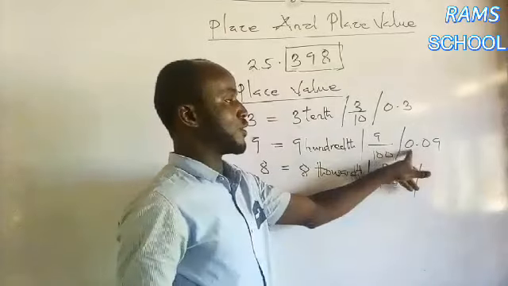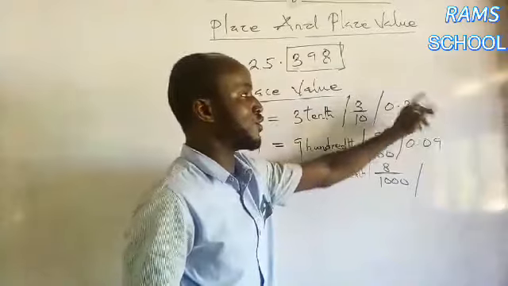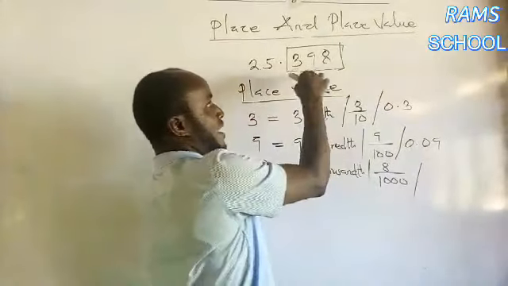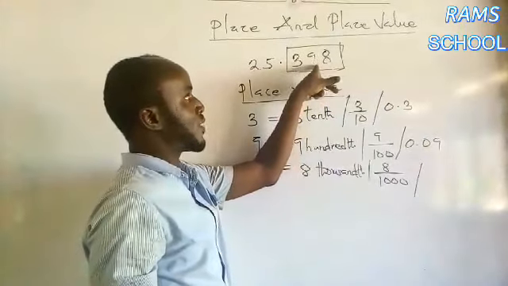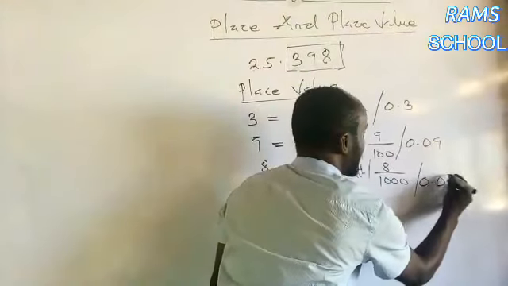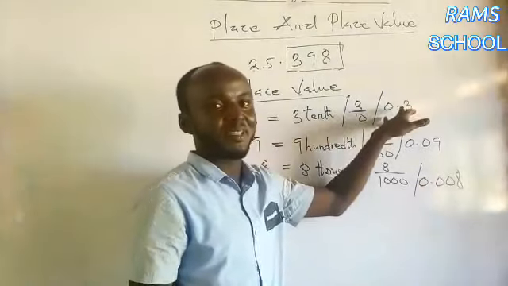But the whole number, make it 0. Don't go and write 25.09 or 25.3. No. The whole number will be taken to be 0. So the place value of 3 is 0.3, the place value of 9 is 0.09, and the place value of 8 will be 0.008.